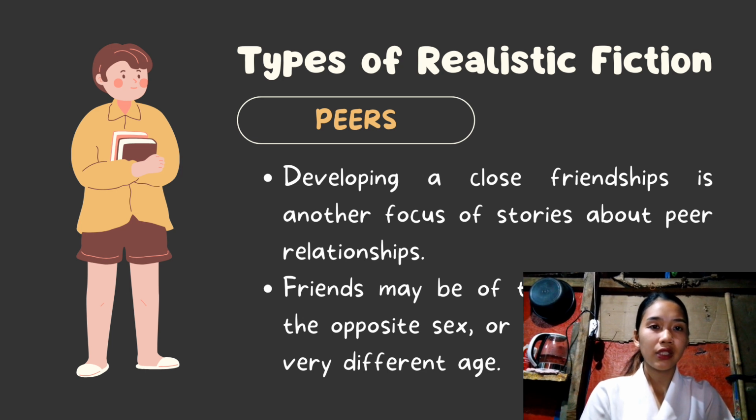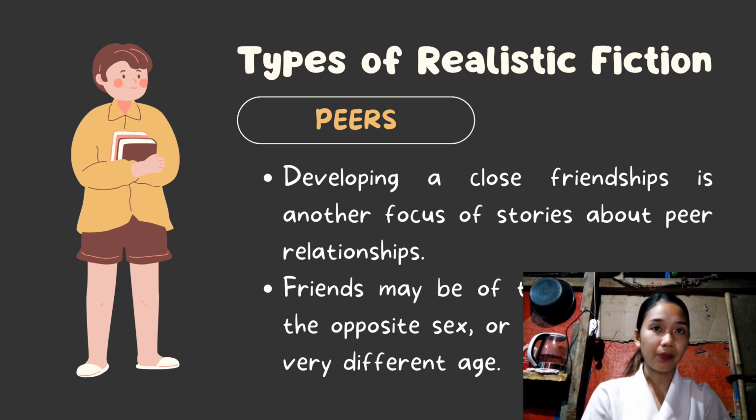The other definition of how peers are portrayed in realistic fiction is that developing a close friendship is another focus of stories about peer relationships. Developing close friendship: stories emphasize forming deep bonds, showing how friendships provide support, trust, and emotional growth. The other one is that friends may be of the same sex or the opposite sex, or the same age or very different ages.